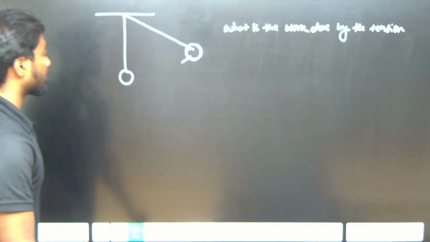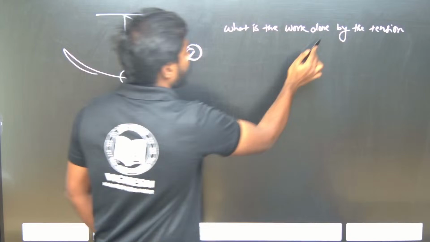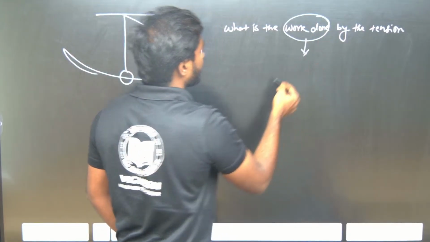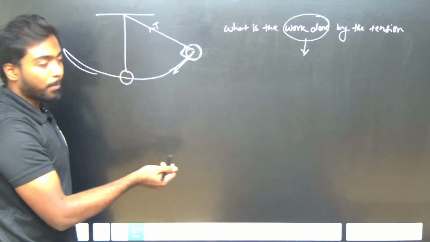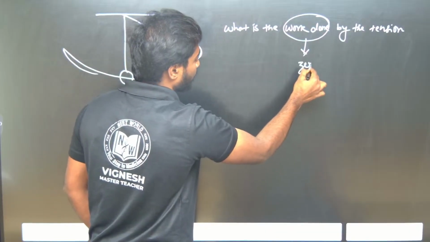This is my tension, and obviously it will swing like this, so displacement will be in this direction. The angle between them is 90 degrees. So I can say that work done by the tension of the rope will be 0.